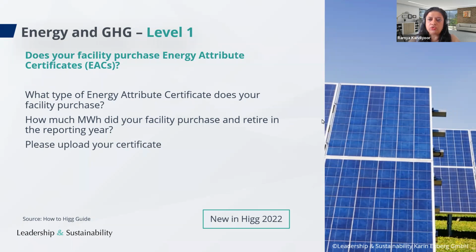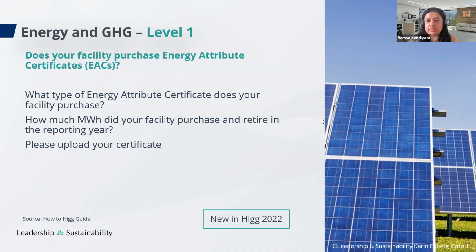So the intent of this question is for companies to demonstrate that they have purchased energy attribute certificates to support whatever are the actions that have been taken to utilize renewable energy as a part of their operations. So you can say a yes or a no to this question, and your company must have actually retired the EACs for the reporting year, or the EACs have been retired on your behalf for your facility for the reporting year.